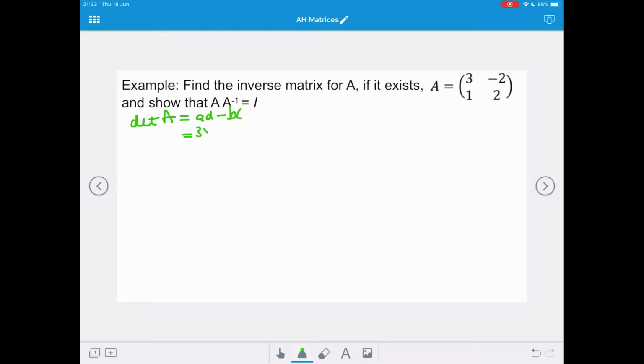So if we substitute 3 times 2, and we're going to take away -2 times 1 into our determinant formula, we're going to get a determinant A of 8. Now this means we've got a non-singular matrix because the determinant of A does not equal 0, and therefore an inverse does exist.